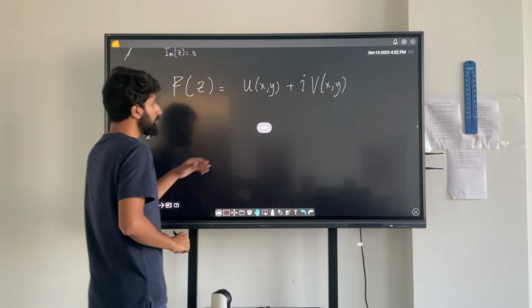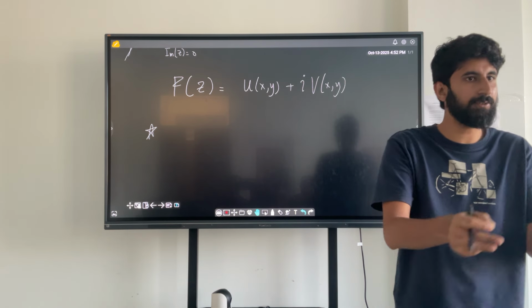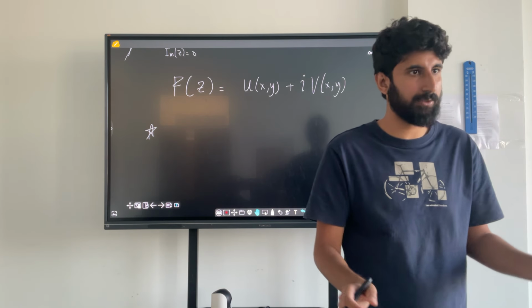So let's consider some complex function. How do you take derivatives? You basically first compute how much the function changes when you change the argument.